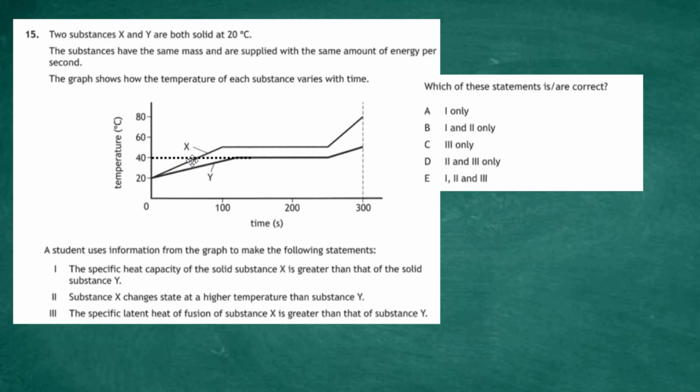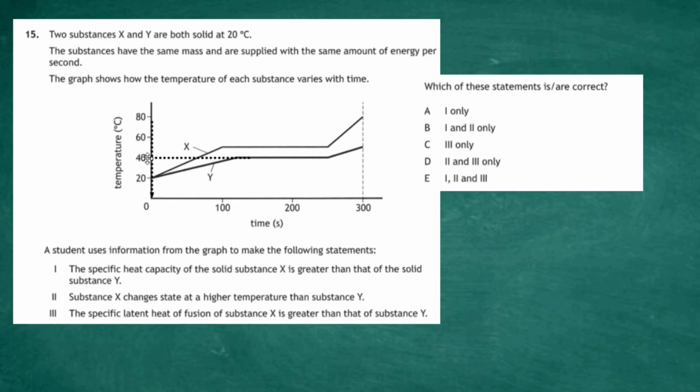So which one of those substances reaches 40 degrees first? Because it's going to take less energy if it has a lower specific heat capacity. So let's use our other little guide to start off the experiment in time.